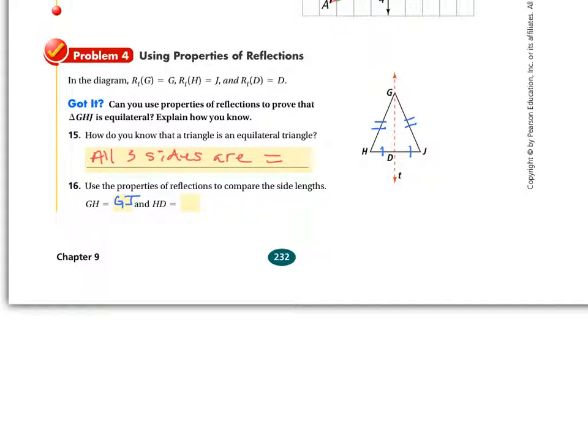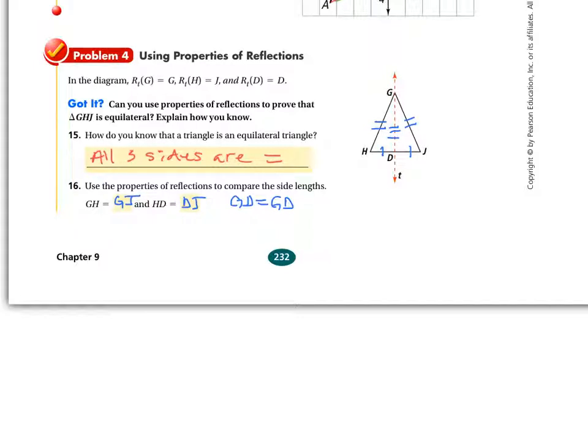And HD, we already know, is exactly equal to DJ. And then what do you know about GD and GD? GD is equal to GD because of the reflexive property. And so we do have two congruent triangles, don't we?